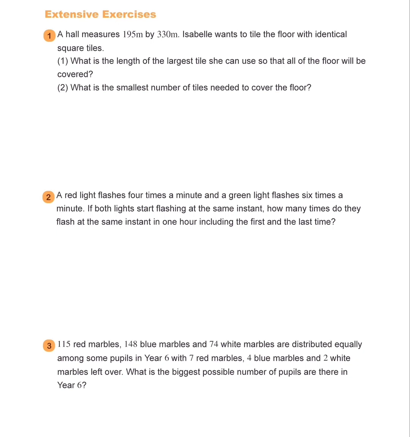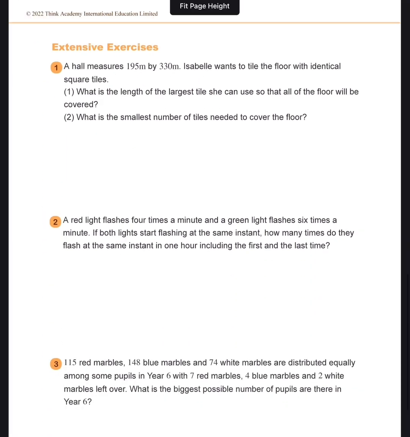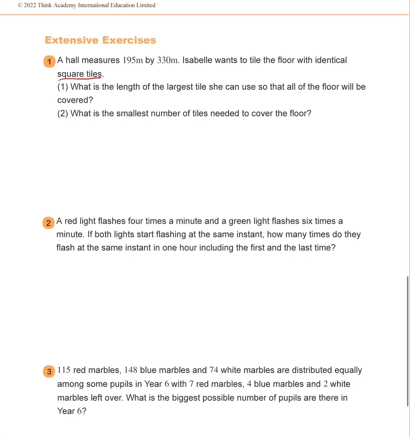Now, first of all, the key word here in this question is the square tiles, which means that all of the length and widths of these tiles must be the same. So in order to get the largest possible tile, we know that the length of the tile must be able to go into 195 as well as 330.